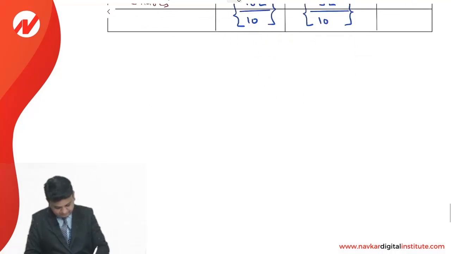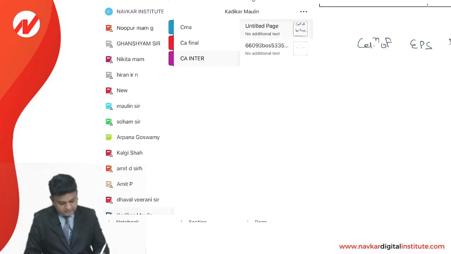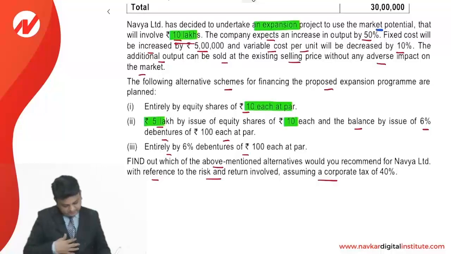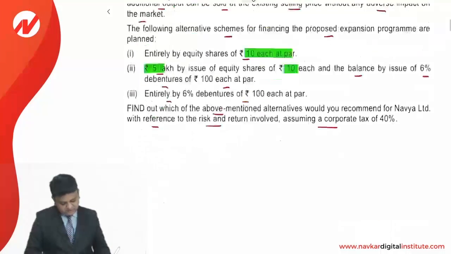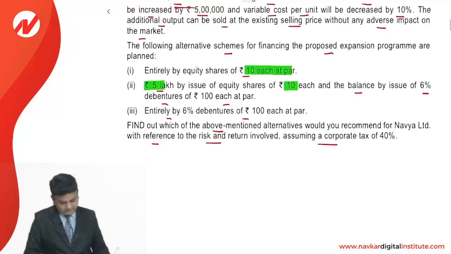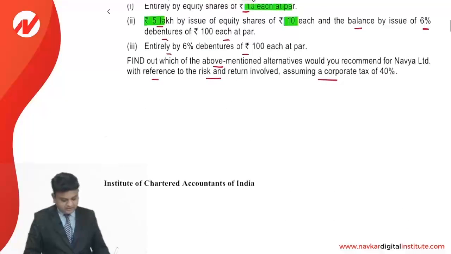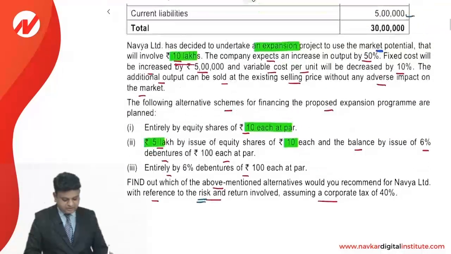Next, calculation of EPS, earning per share, for each plan and leverage. Because dear students, you can see that over here the question is providing the information that you are required to make the computation of the earning per share, and at the same time you are required to recommend with reference to the risk involved.